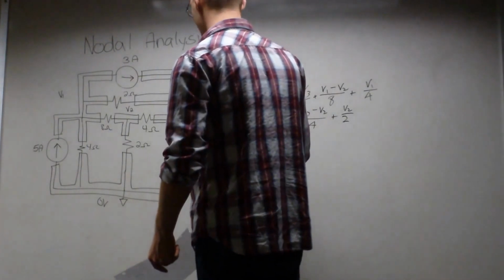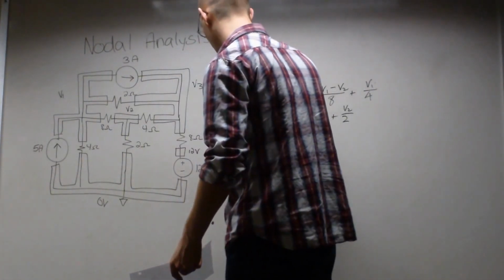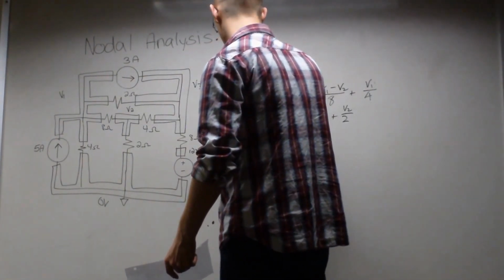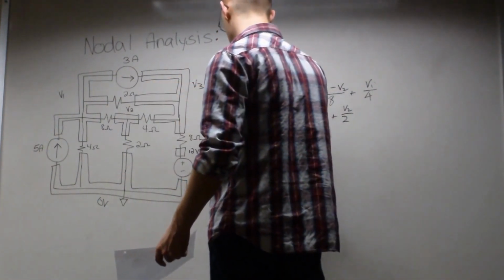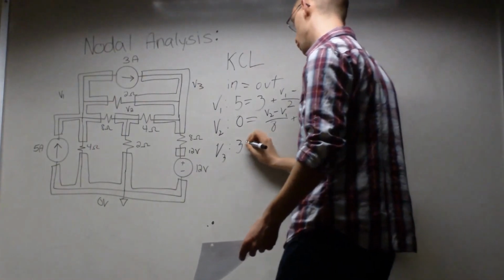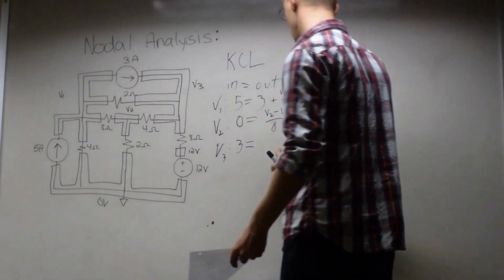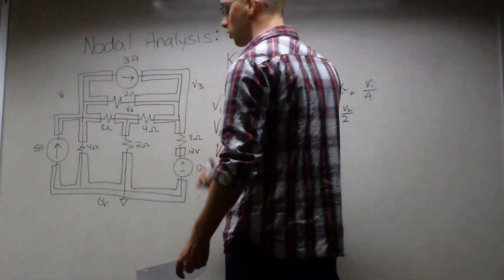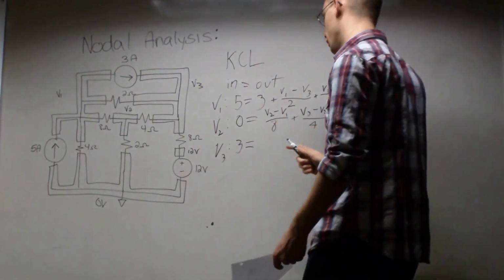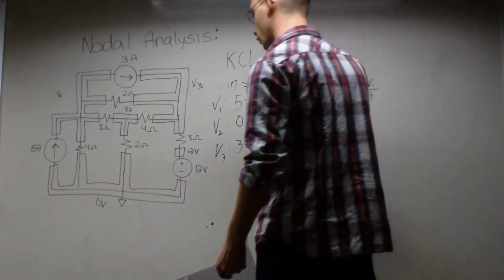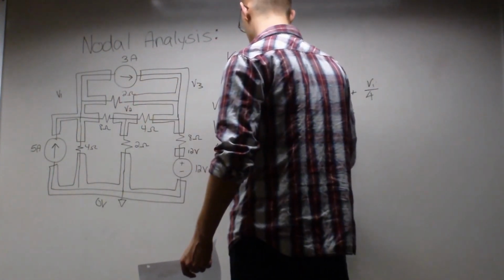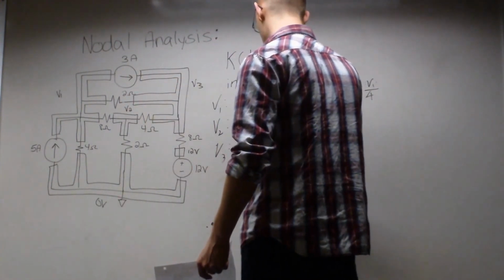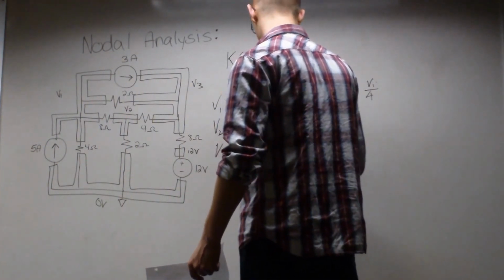Alright, so we're gonna do V3 finally. And unlike V2, it has some current going in. So you have 3 amps of current going in. And then you're going to start off with every other junction and assume all the current is going out again. So we're going to start with this junction right here. Then you have V3 minus V1 over 2.